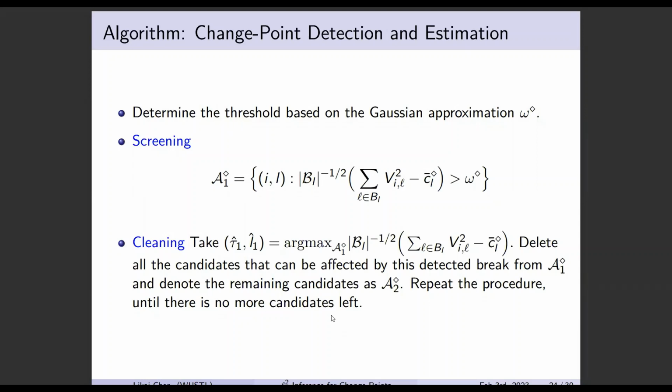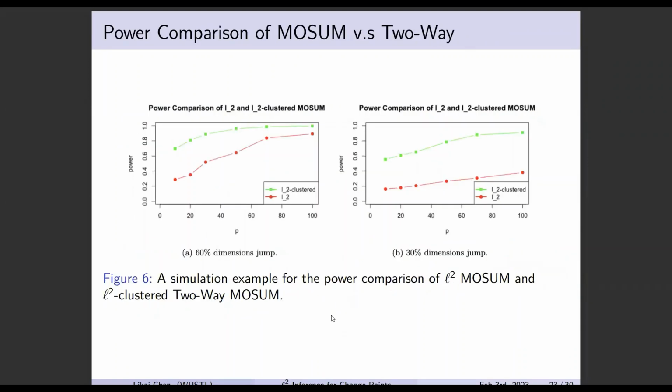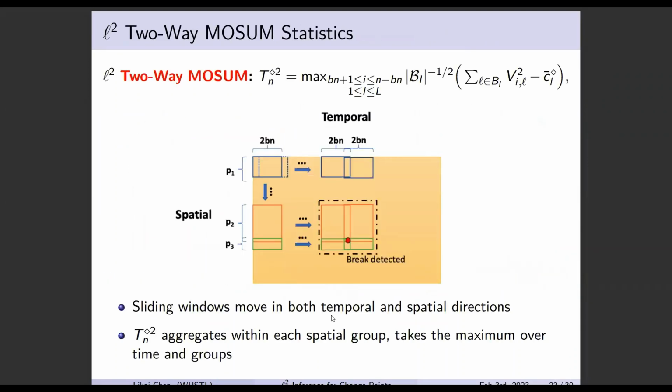However, we need to introduce a cleaning step afterwards, because the screening step will involve too many points. The reason is that our statistic is based on a rectangle. So if the true break is here, then all the rectangles close by will be influenced by the true signal.